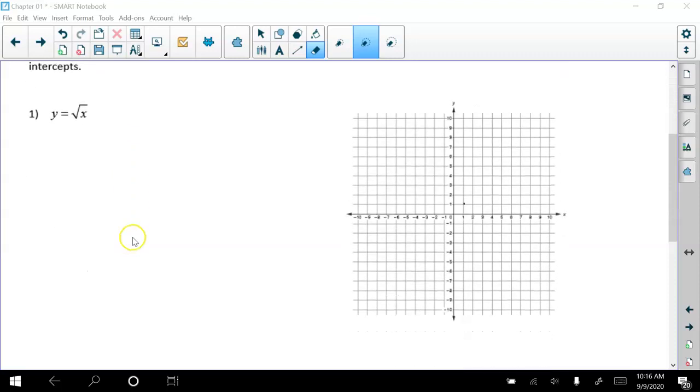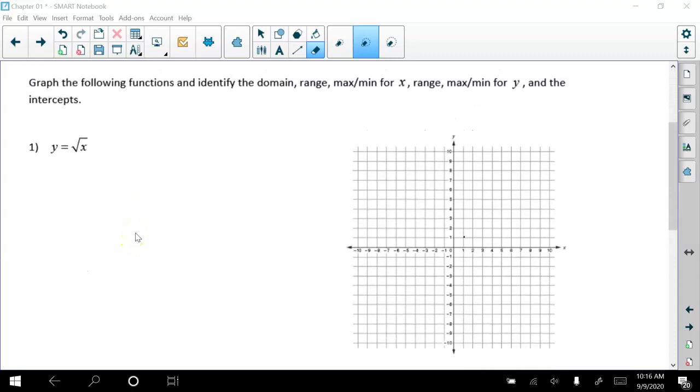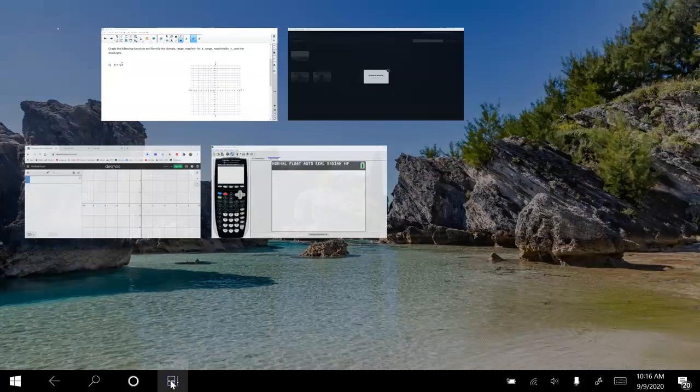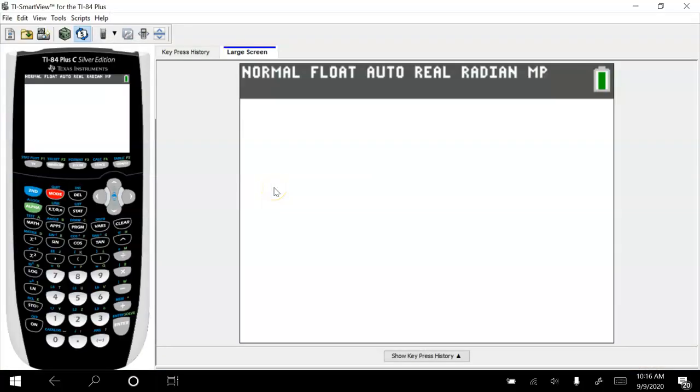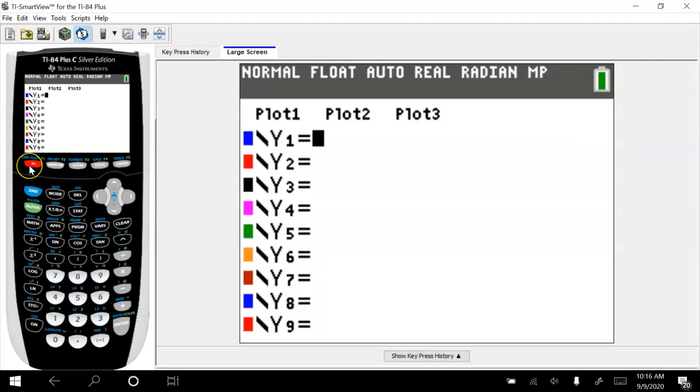So we're going to begin with y equals the square root of x. So looking at the calculator, you want to go to first y equals, and that's at the very top of the calculator. And you're going to put the square root, so hit second. And you'll see that's going to look at the little blue letters above.